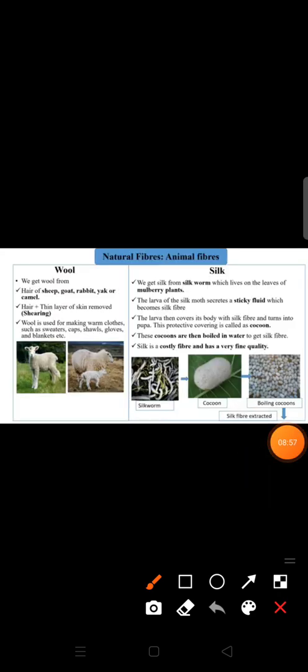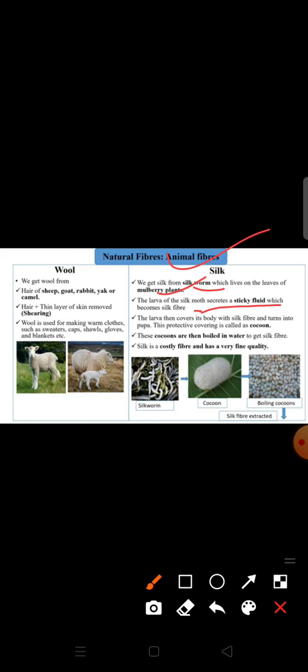Now our next fiber is silk. So our next animal fiber is silk. We get silk from the silkworm which lives on the leaves of the mulberry plant, and the larva of the silk moth secretes a sticky fluid which becomes silk fiber.